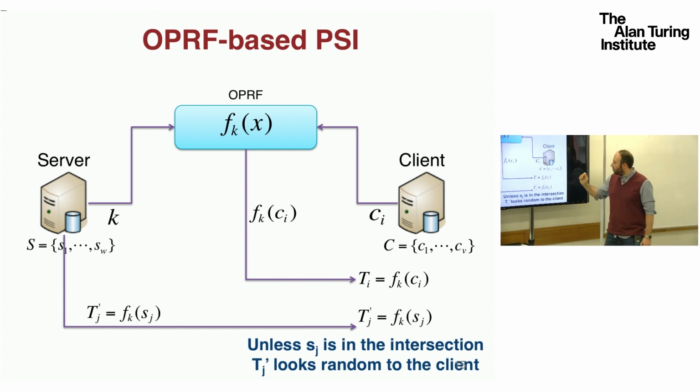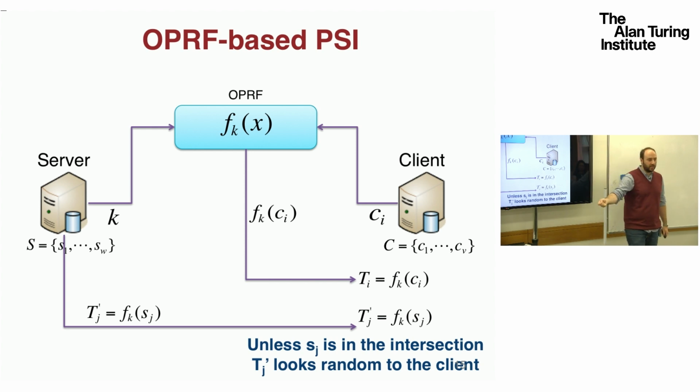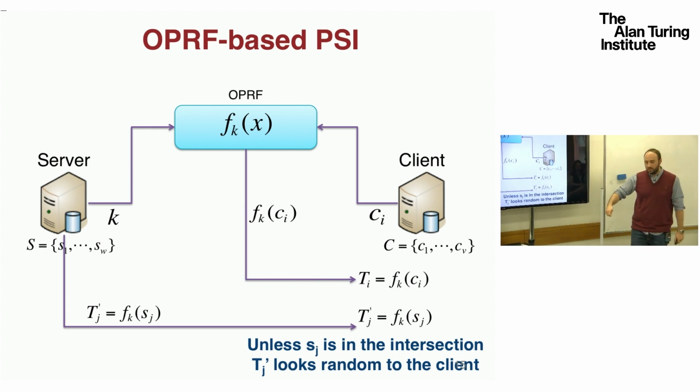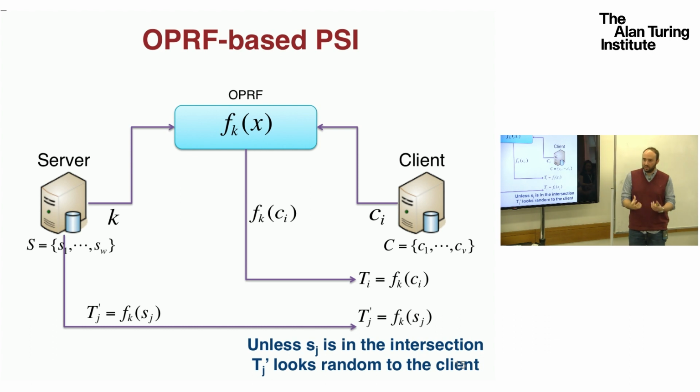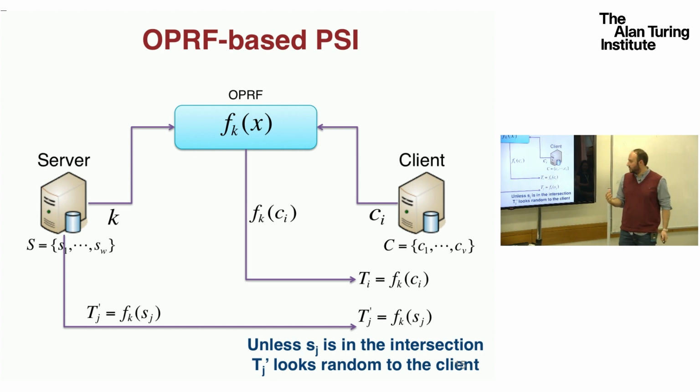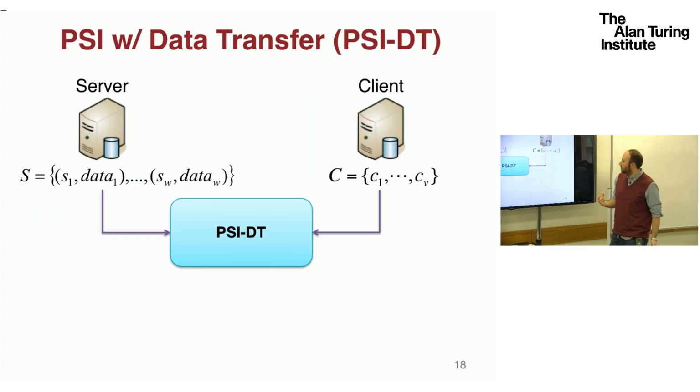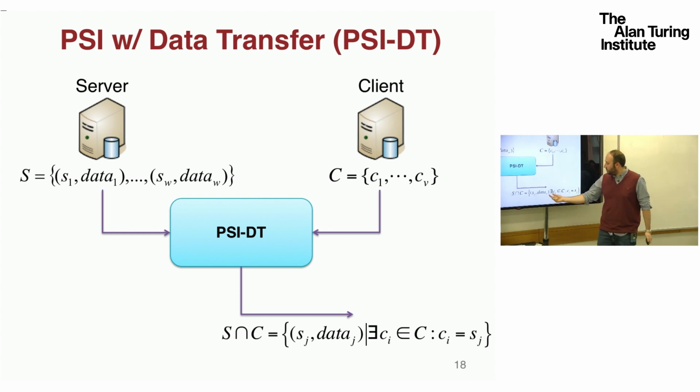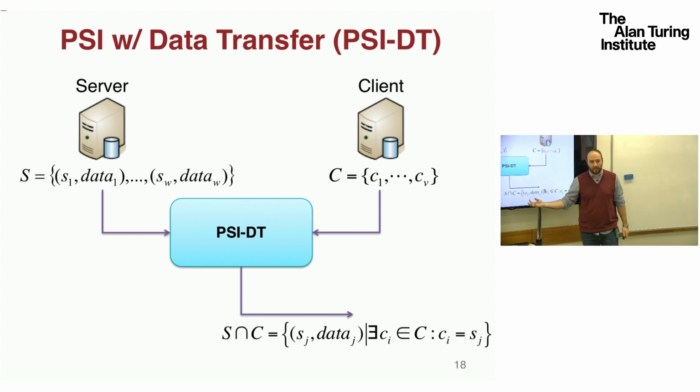Now I can use this AES key to encrypt the data record, so that in this augmented functionality, whenever I get a matching input, I can just hash that PRF value, recover the AES key and decrypt the corresponding data. Right?